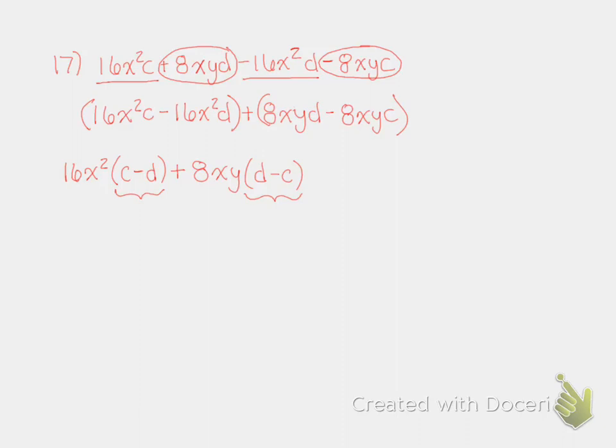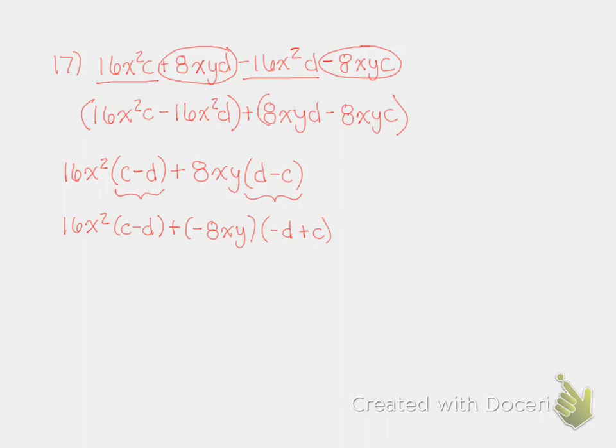So how do you get that opposite to match? That's whenever we're going to factor out the negative. And I'm going to take it out of the 8xy. Okay. So I will have a plus negative 8xy times negative d plus c. Now, if you're OCD like me, your expression cannot start with a negative.